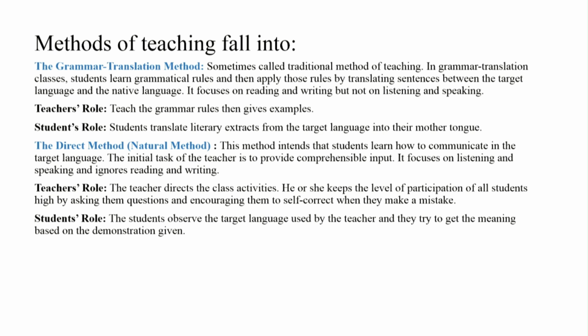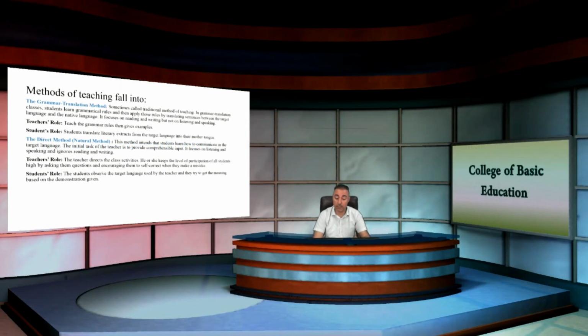The direct method, or the natural method, is compared to the first few years of infants or children as they grow up. When we have kids or babies at the age of 1 or 2, before they are able to speak their first word, they are actually going through a natural method: they are listening to their parents.